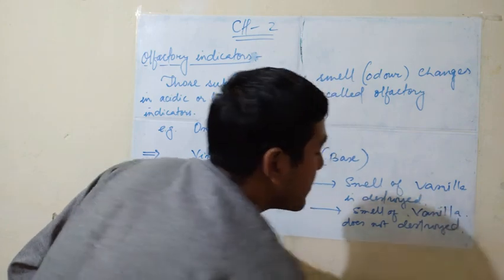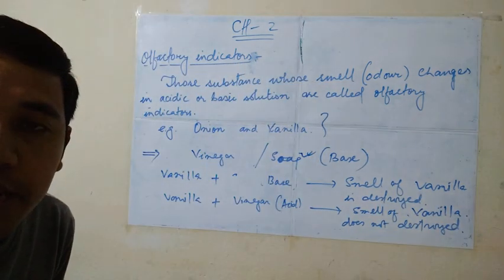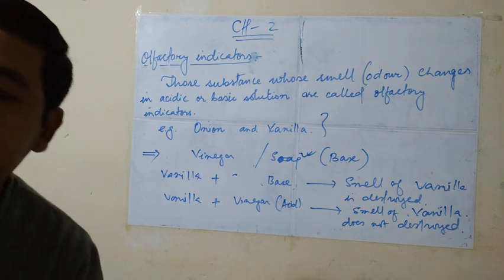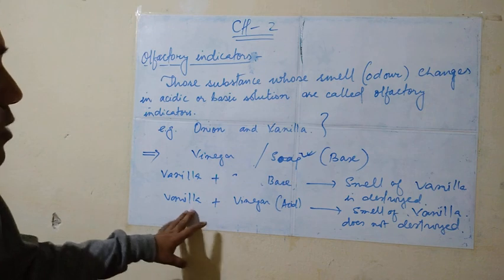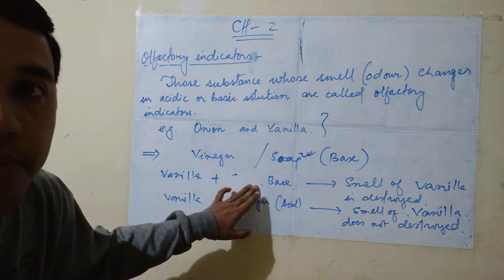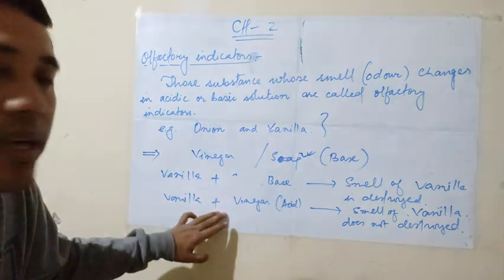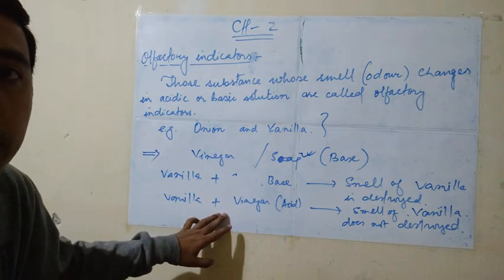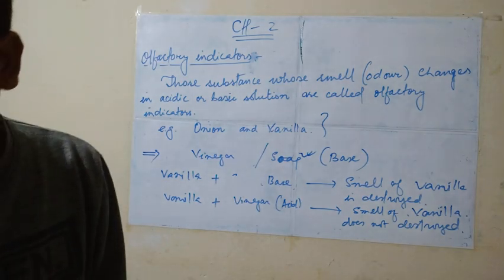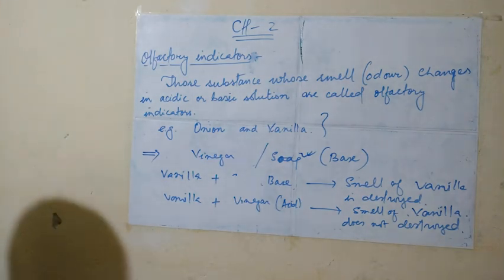That is why, in ice cream or in any other cake, we are using a slightly acidic medium. Why? Because if we use a basic solution, then we will not get the flavors of the vanilla. We want the flavors of the vanilla. That's why we are using this slightly acidic solution. Please copy down these portions.